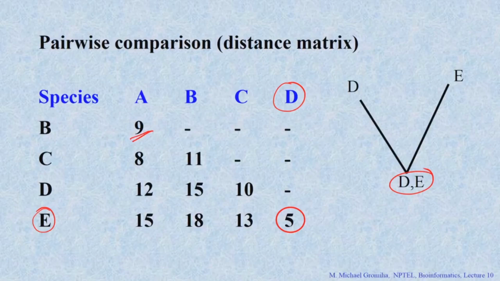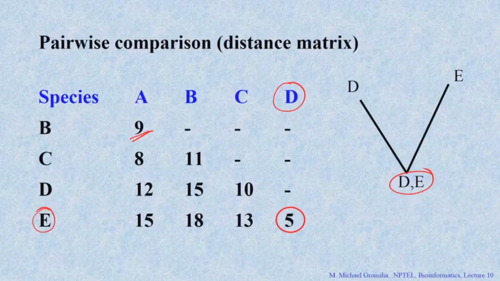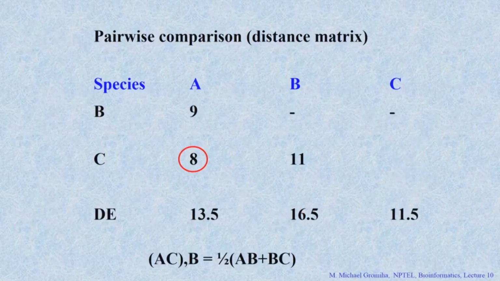Now, what to do? You combine this DE with all the other species A, B and C. How to do this? You take the average. For example, for B and A we do not make any changes, because we need to combine D and E. So, here we put the 9 as it is, and B and C we do not touch.